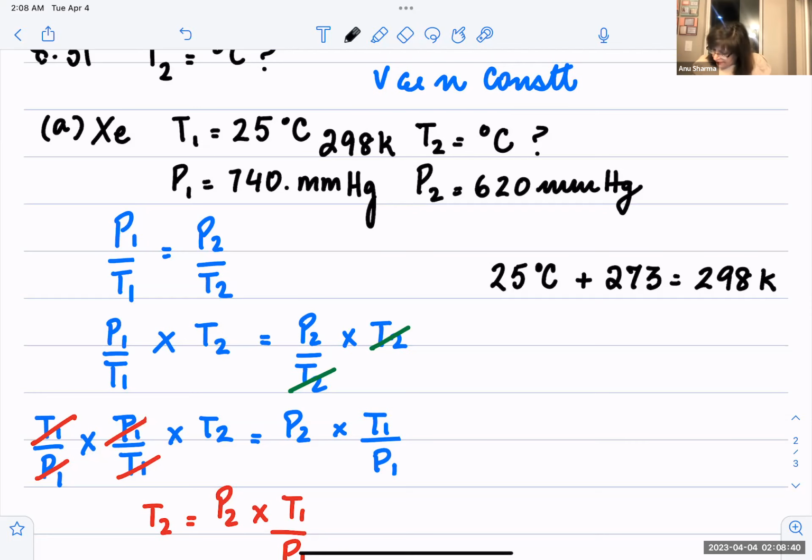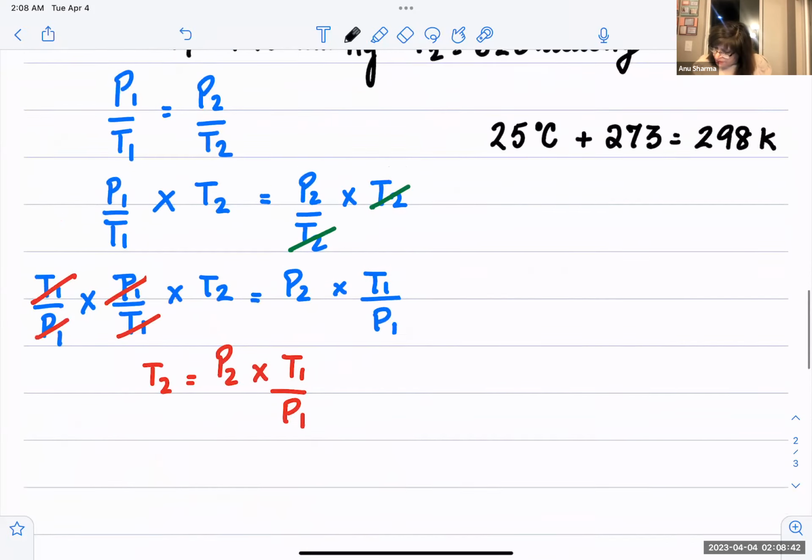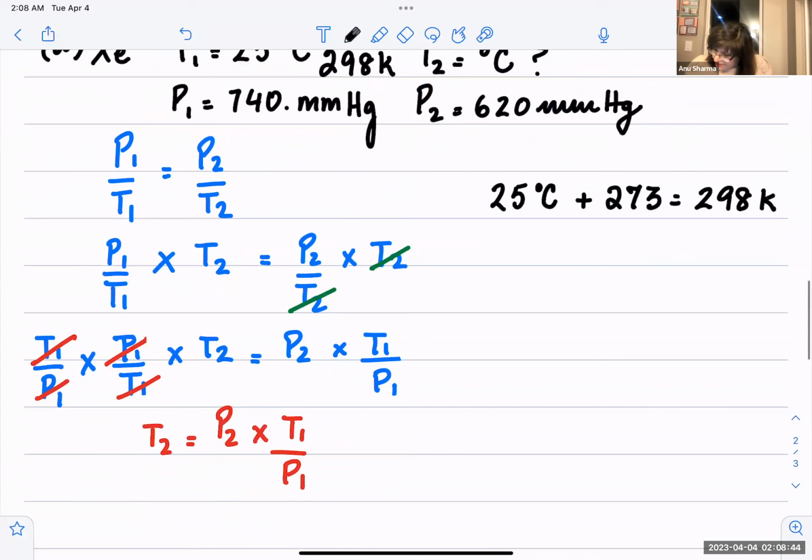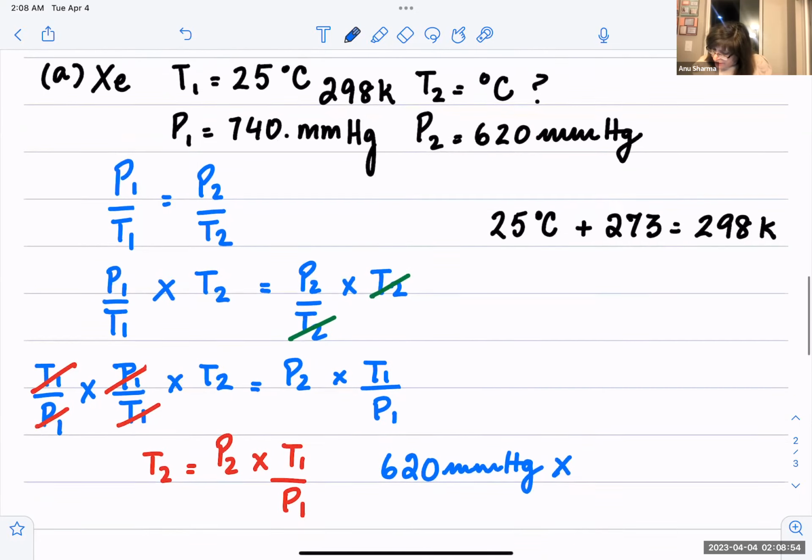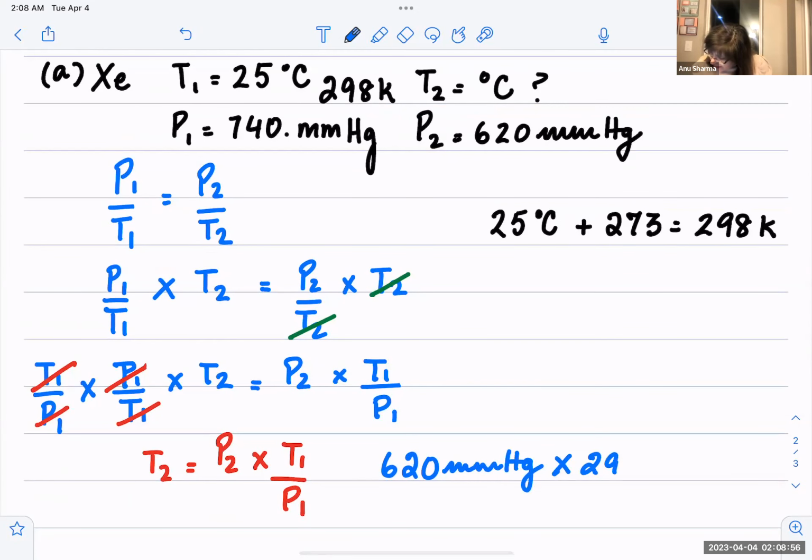Okay, now let's plug in the numbers. P2 is 620 millimeters of mercury, times T1, which is 298 K, over P1, which is 740 millimeters of mercury.